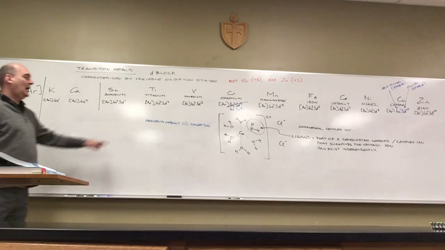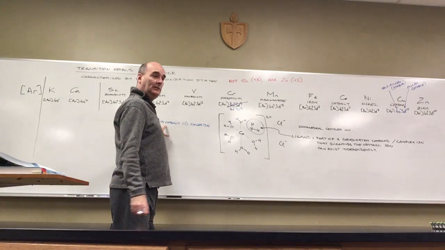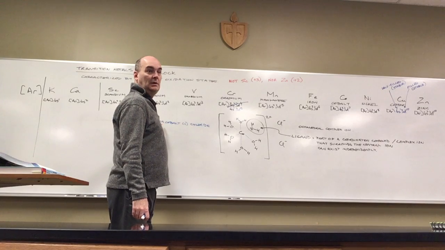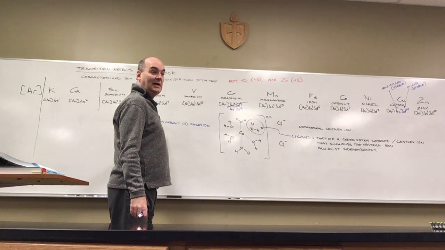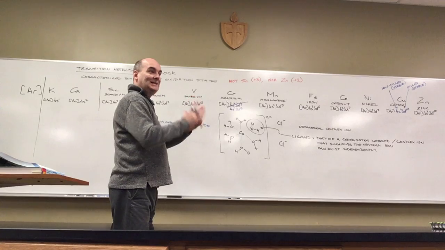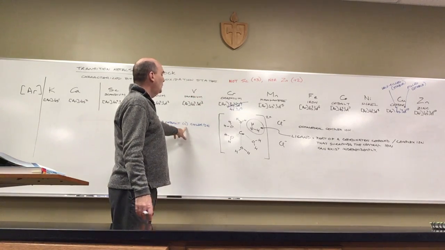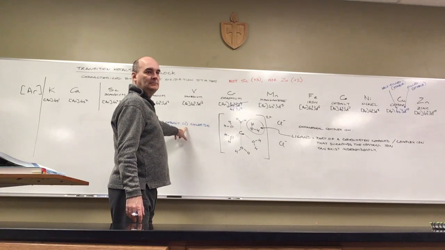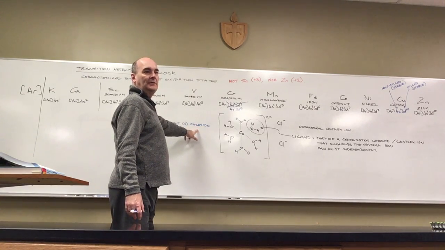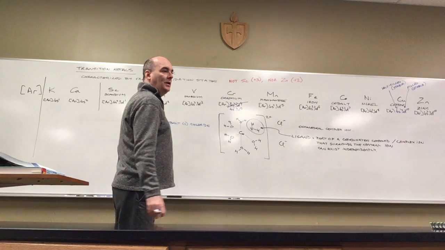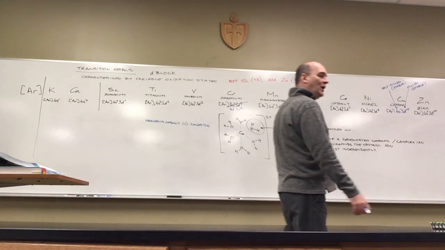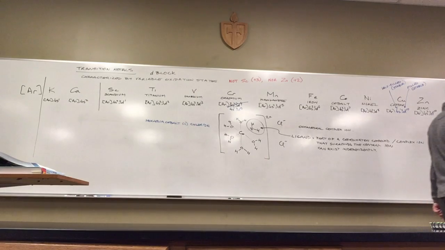This gets to be hexa, aqua, 6 waters. But because it's hexa, aqua, you shrink that down to just hexaqua cobalt 2, Roman numerals, space, chloride. If this were hexaqua cobalt 2 nitrate, it would be exactly the same thing.